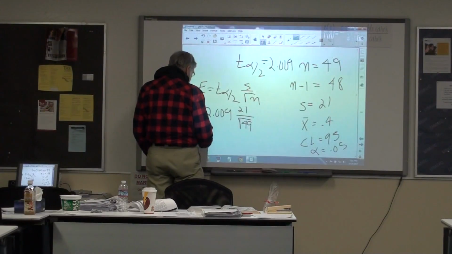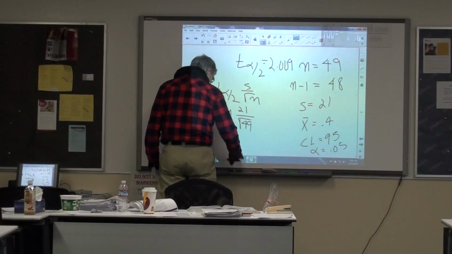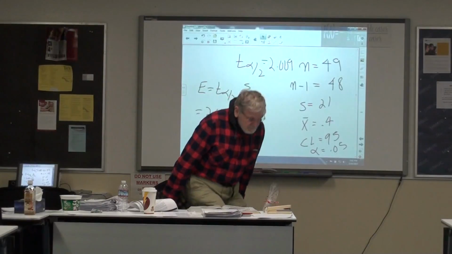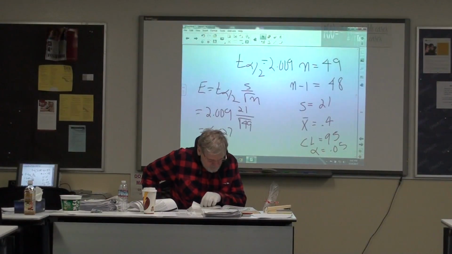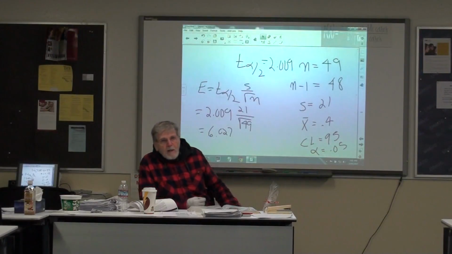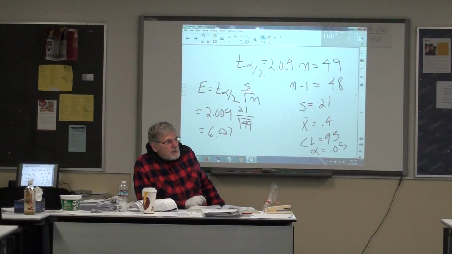And this is equal to 6.027. You can do that one in your head, right? So this is how you use those situations where you can't use the z-table because you only have a sample distribution. So now, how do you know when to do what?